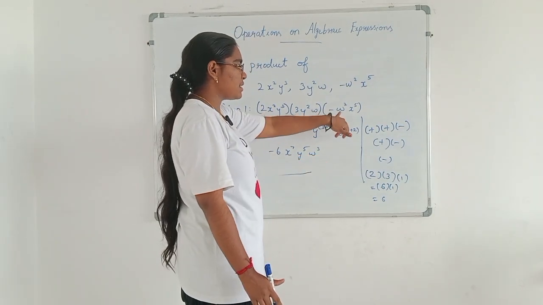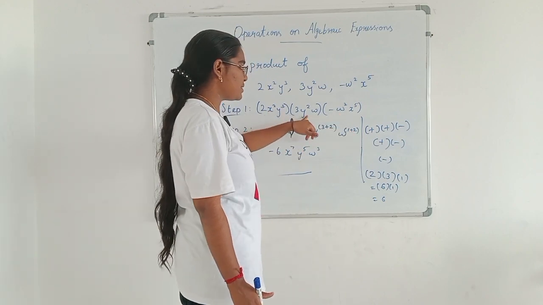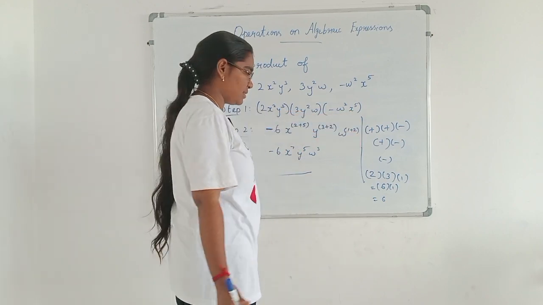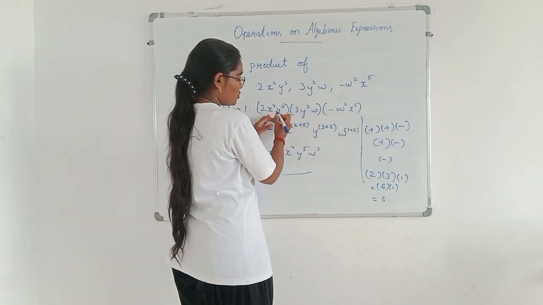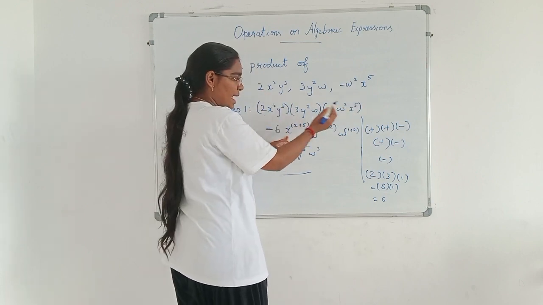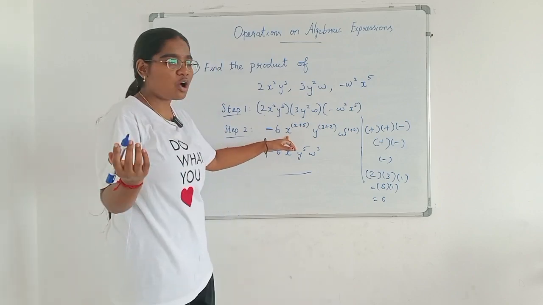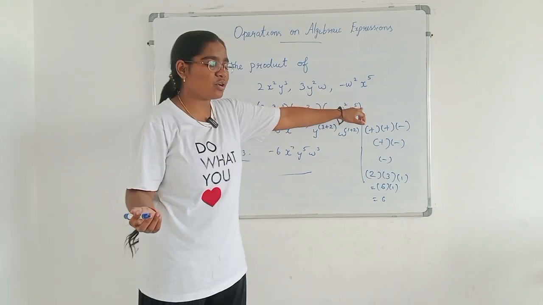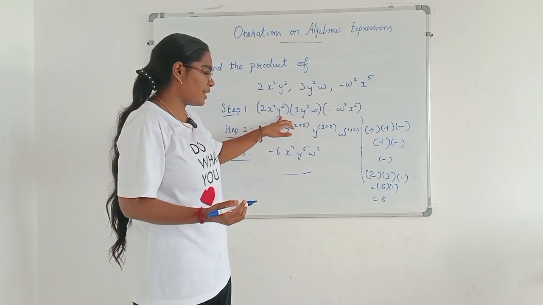So 2 3s are 6. 6 into 1, 6. Okay. Next, consider those variable factors. So here x. Another x is here. So same base, power is different. So same base, those two bases are in multiplication. So obviously we can add those exponents. So 2 plus 5, 7.